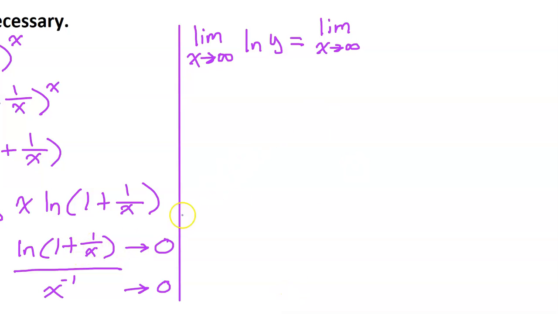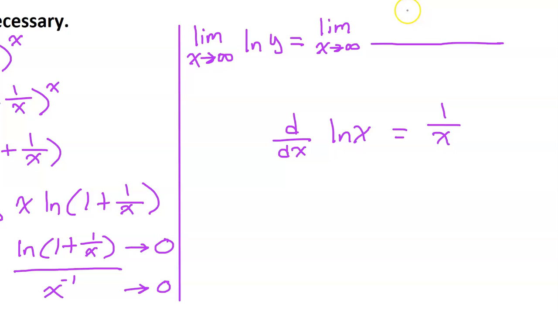We know that if I take the derivative of natural log x, that is 1 over x. That's a rule that we have memorized. So I see this natural log here. If I take the derivative of this natural log, I'm going to have 1 over something, just like I have 1 over x.